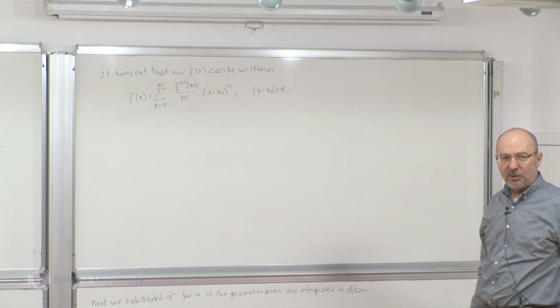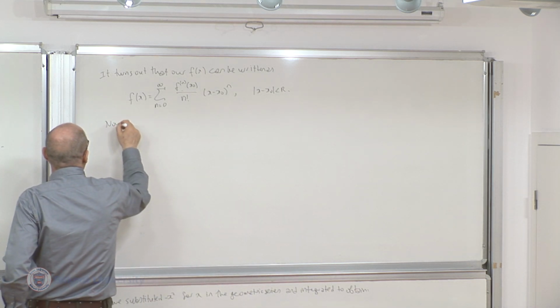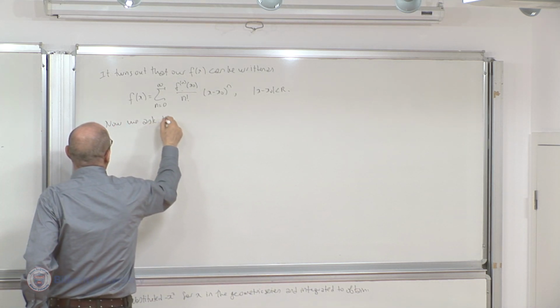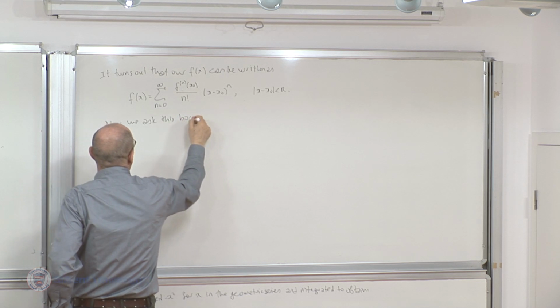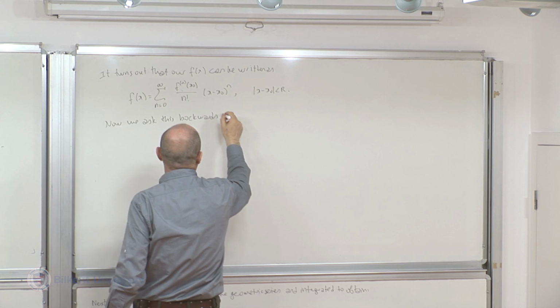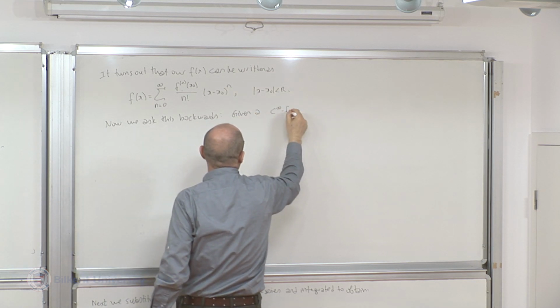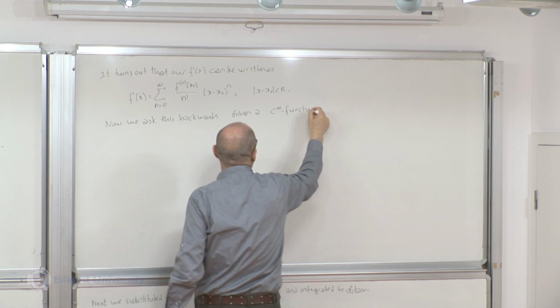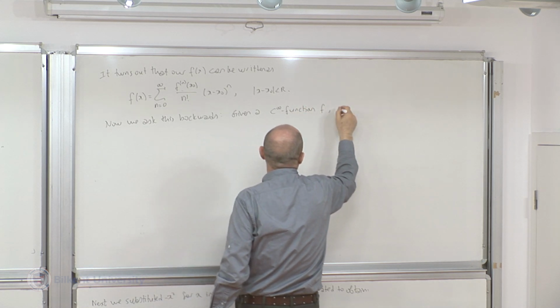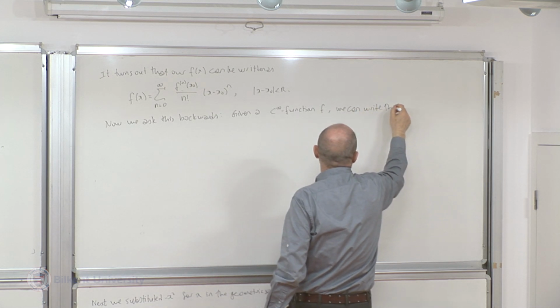Now we ask the question backwards. Given a C infinity function f, we can write the right-hand side.